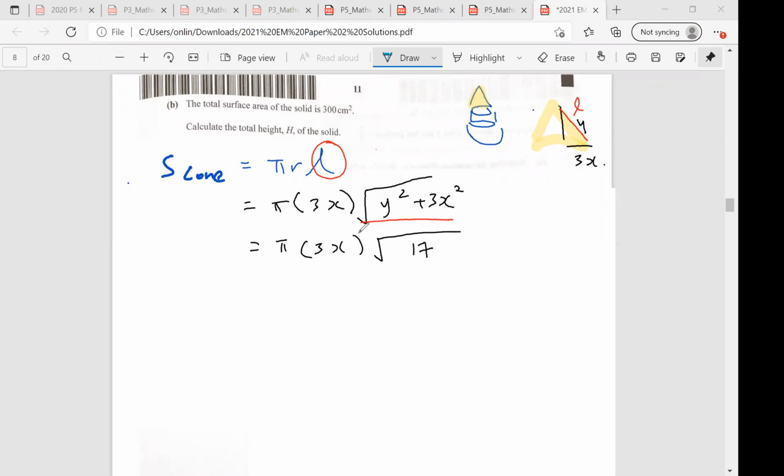So I'm going to square this thing outside. So what we have here is equal to 9 pi x square, and then square root 17. And then this is for my surface area of my cone.